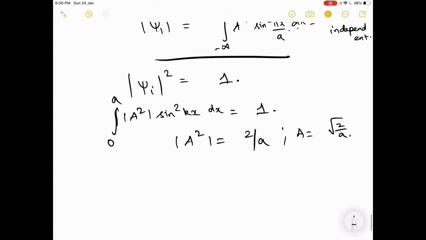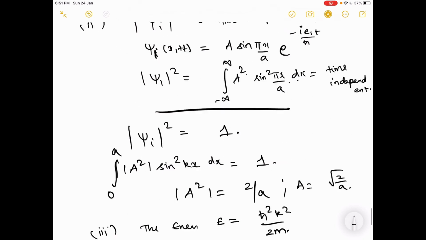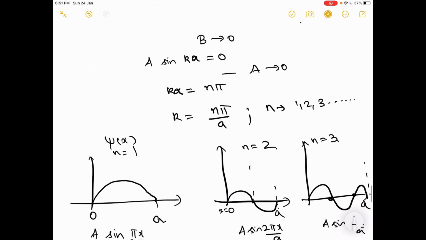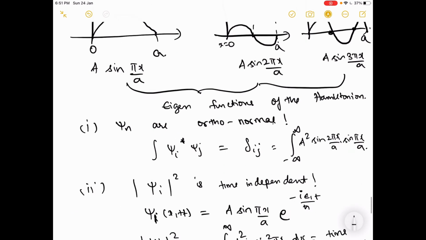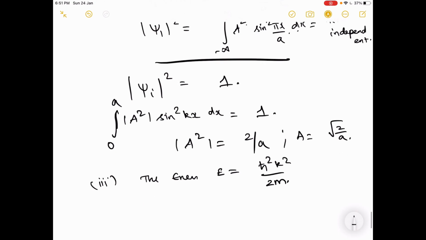And the third, the energy. E is h bar square k square by 2m, and k is n pi by a. So E is n square pi square h bar square by 2ma square.